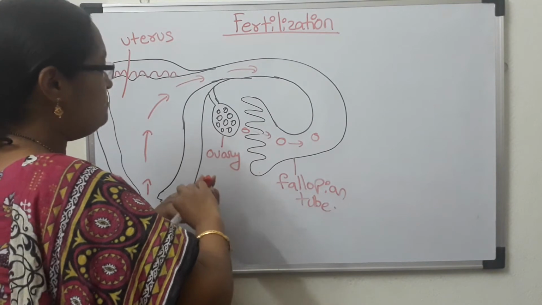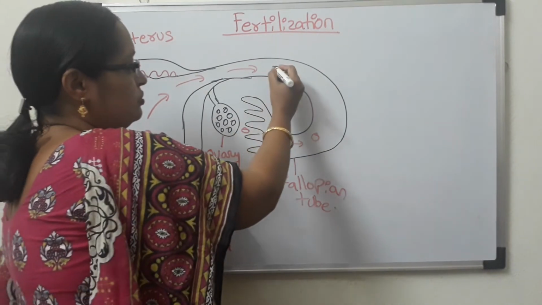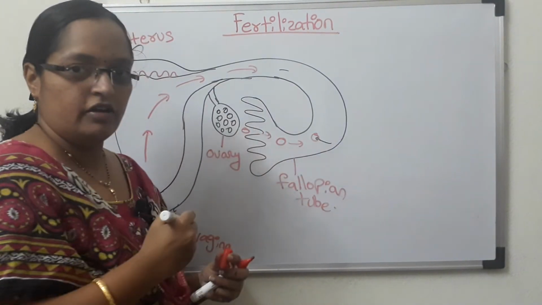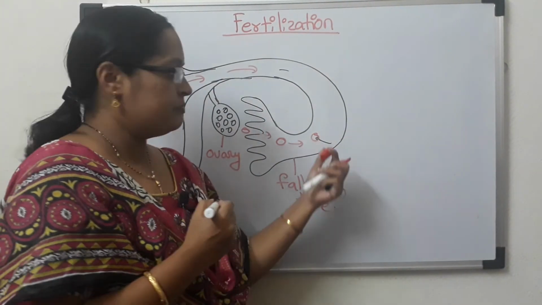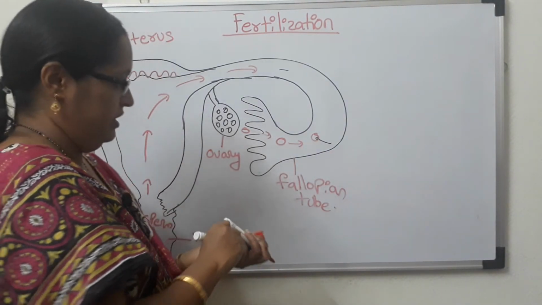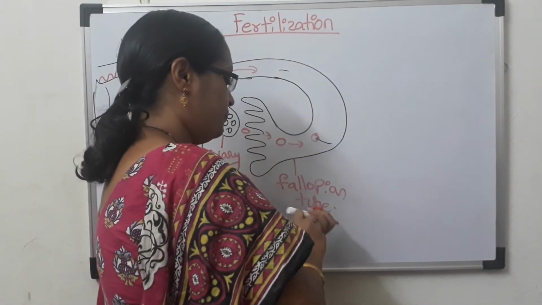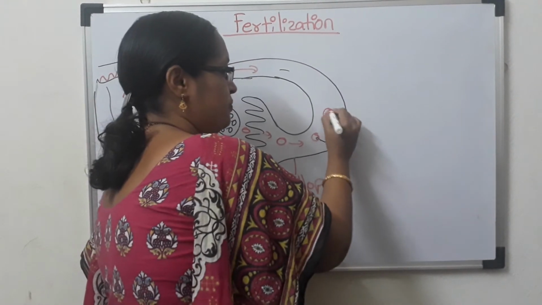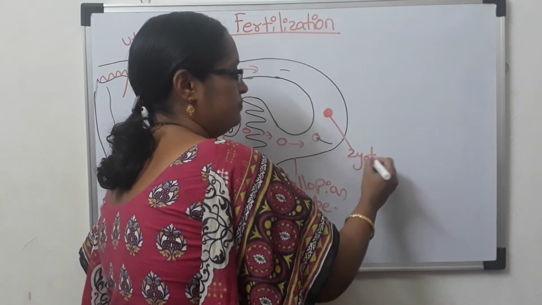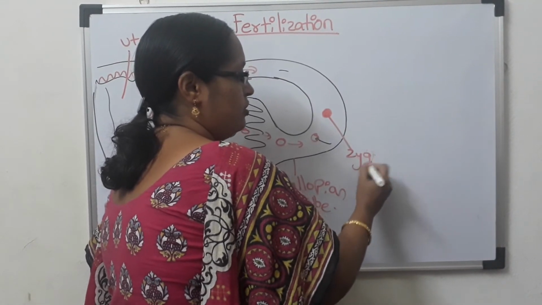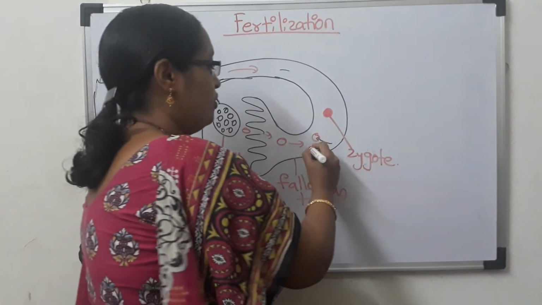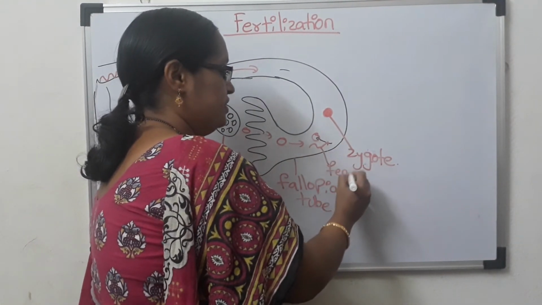Now the sperm cells coming through the fallopian tube fuse with the female gamete. Sperm is the male gamete. It fuses with the female gamete and produces the zygote. This process of fusion of male and female gametes is called fertilization.